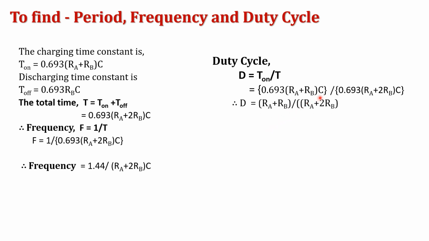(RA plus RB) C is also a common term and gets cancelled, and the only remaining term is (RA plus RB) divided by (RA plus twice RB). In terms of percentage, we multiply it by 100 to find the duty cycle.